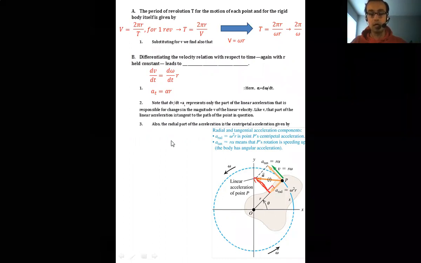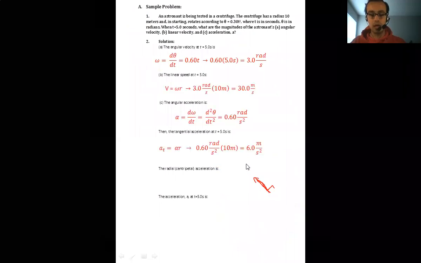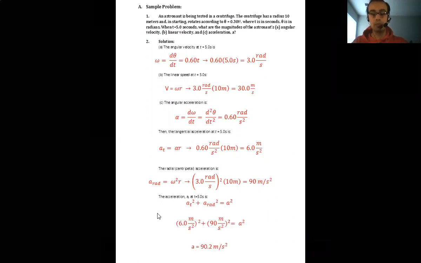So we use the Pythagorean theorem. So a sub t squared plus a radial squared equals a squared. Go ahead and plug and chug, evaluate, and you find that the acceleration is equal to 90.2 meters per second squared.